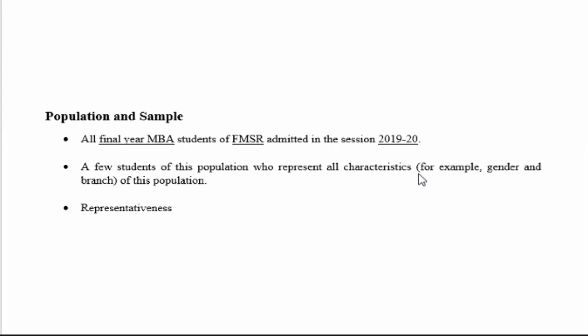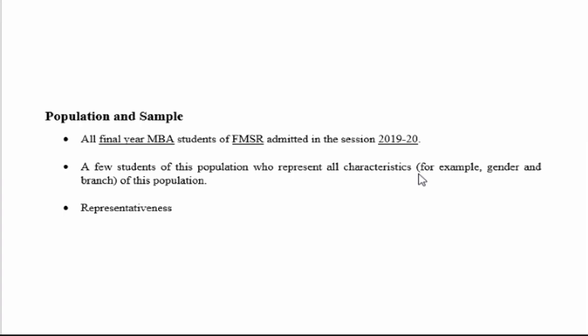If you want to collect data from all of them, and the responses may also vary gender wise, male and female students might have different responses to the same question. So gender is one important variable and specialization is another important factor.